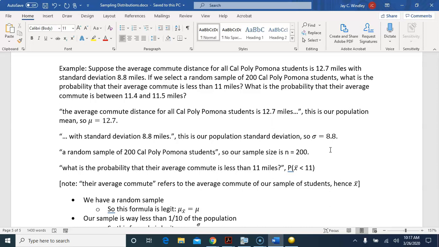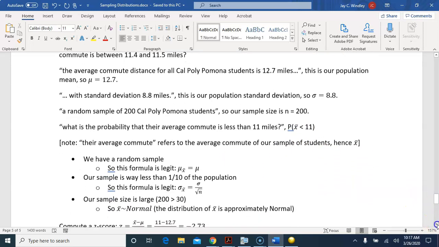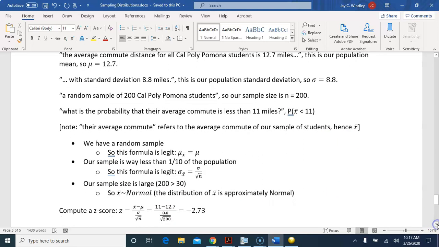When the problem asks what is the probability that their average commute, whose average commute? The sample. The average of the sample is less than 11. So that's the probability that x bar is less than 11. Checking the three things that we need to have in place from earlier: we have a random sample, therefore the mean of the x bars is the population mean.